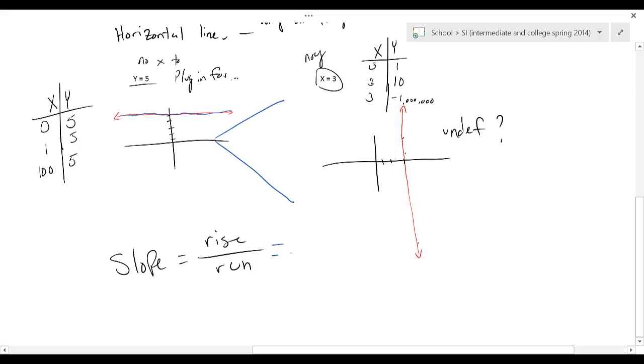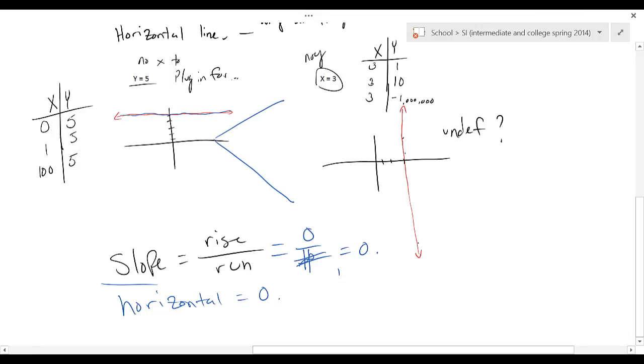But how much is it running? It's running a very large number. I don't know what that number is, but let's call it infinity. 0 divided by any number, infinity, a million, a jillion, is still 0. So that's why the slope of a horizontal line is 0.